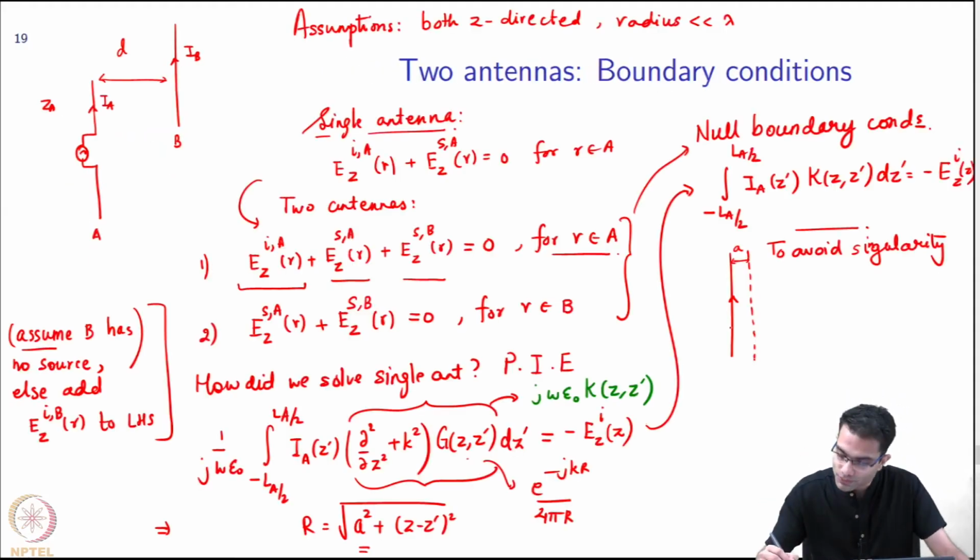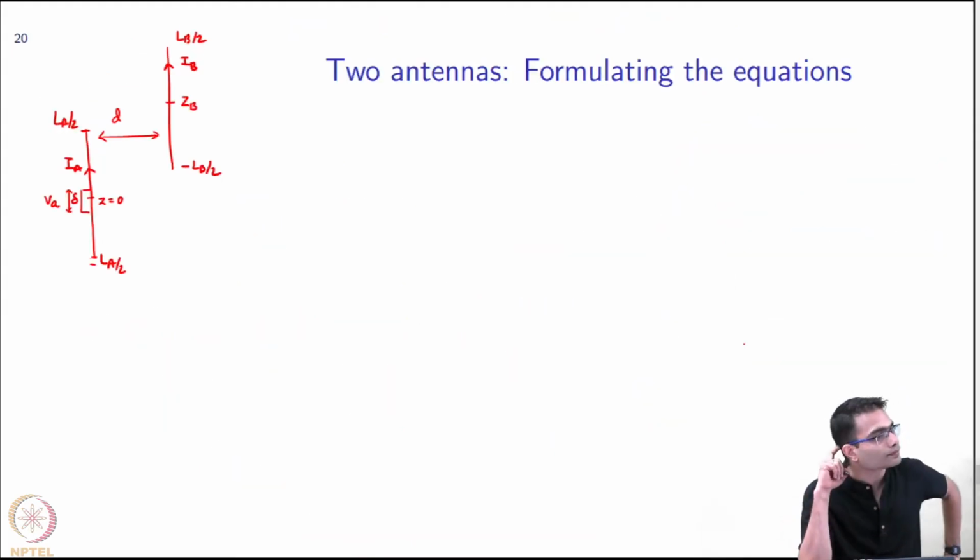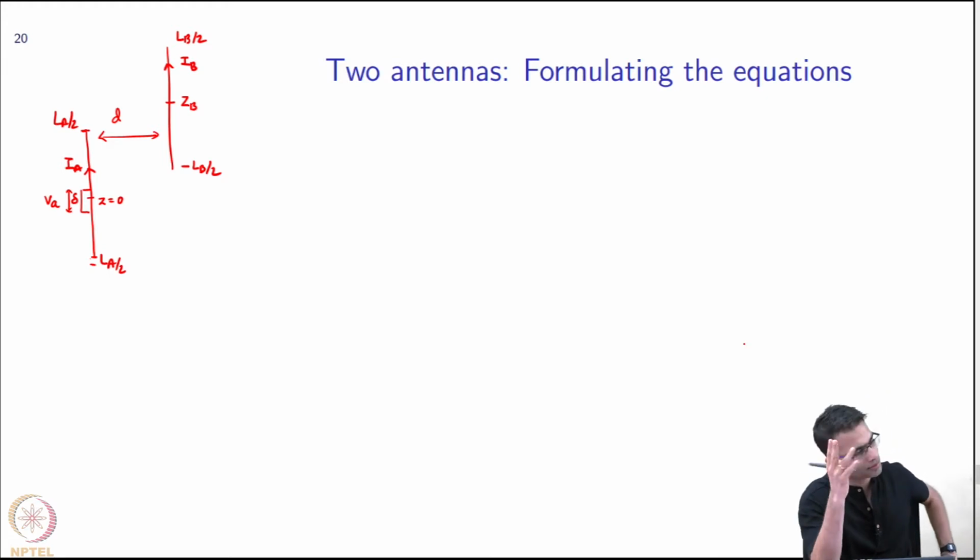Remember, here this was my source and this was my testing point. Here I have no choice, I have to live with the singularities. So where the current is flowing, that is going to be the place where I will do testing. I will get a singularity in Green's functions, I will deal with it, not a problem.